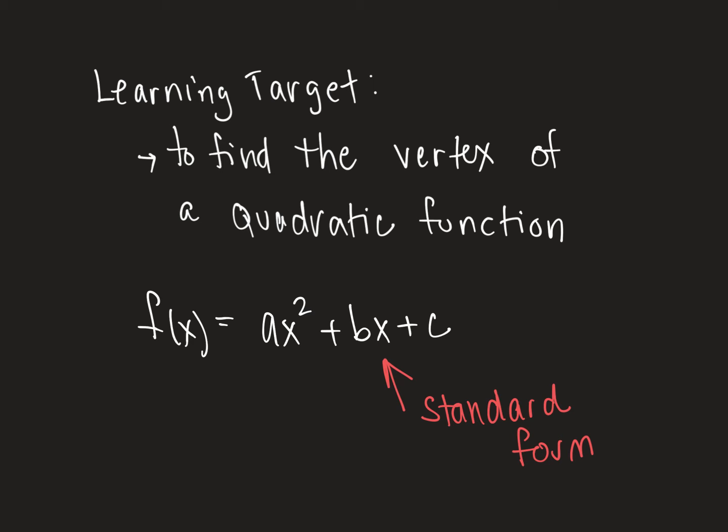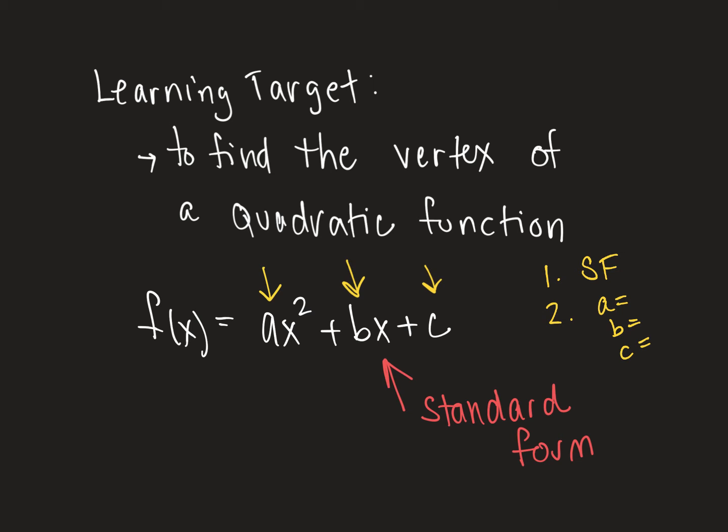I'll make a little note over here that step 1 is to make sure that it is in standard form. Our second step is that we are going to identify what is our A, what is our B, and what is our C, making sure that we know those values.